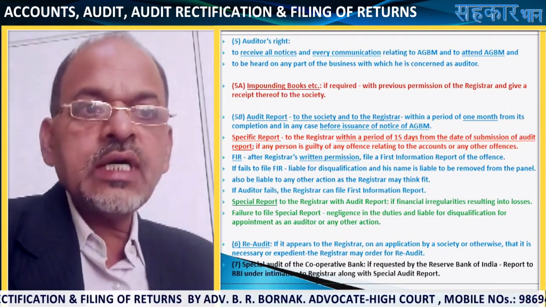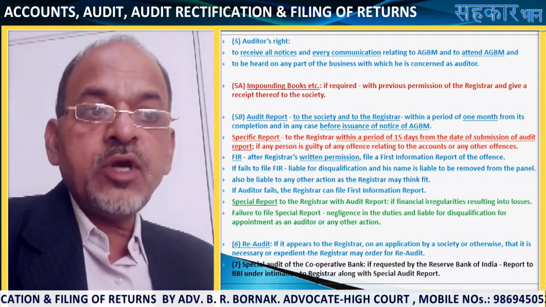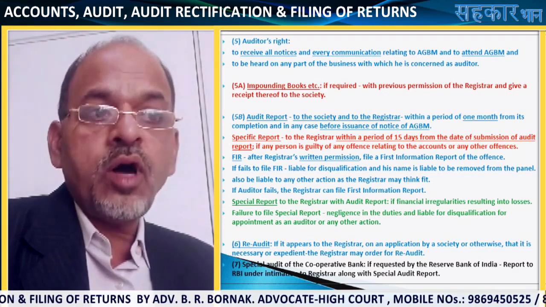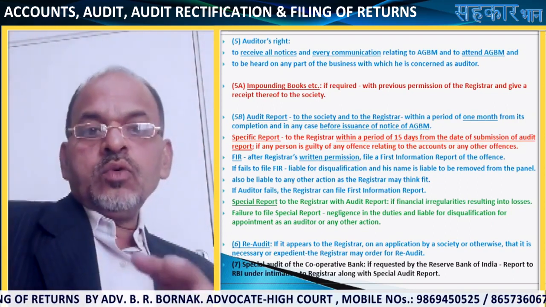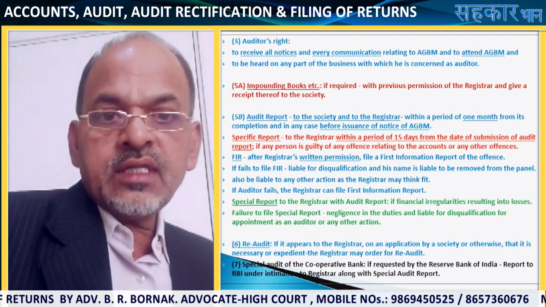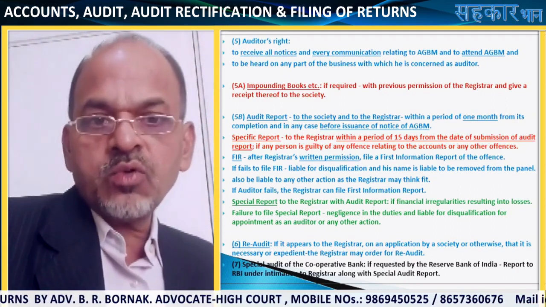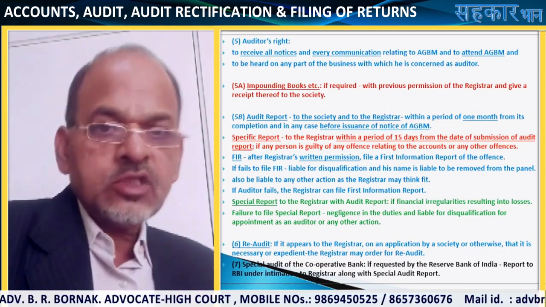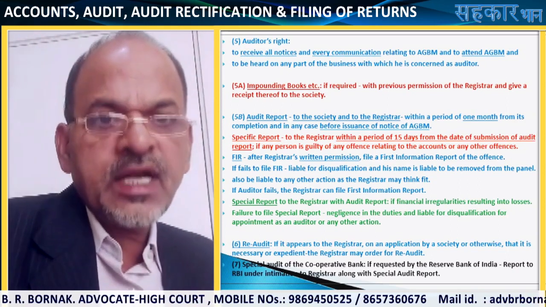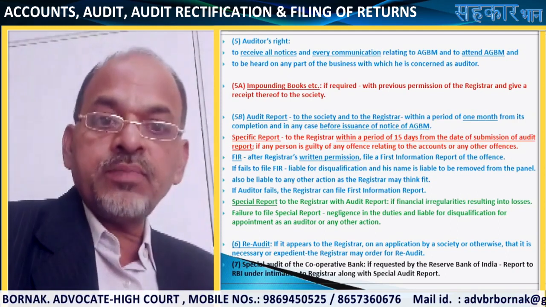He will have to give the audit report to the society and also to the registrar within a period of 1 month from its completion. Means the audit period, that is 4 months, means the society will have to get accounts audited within 4 months of the year.